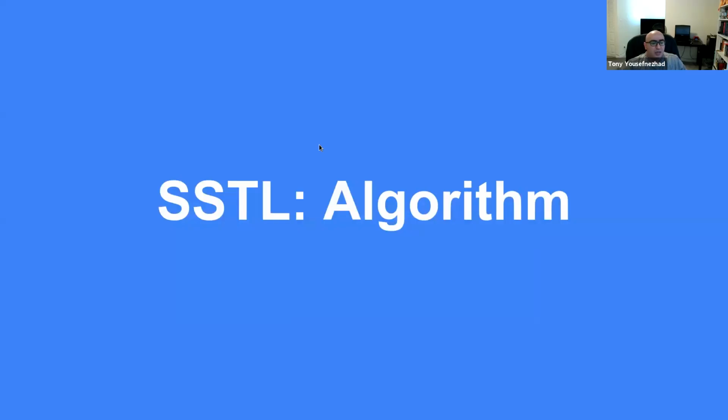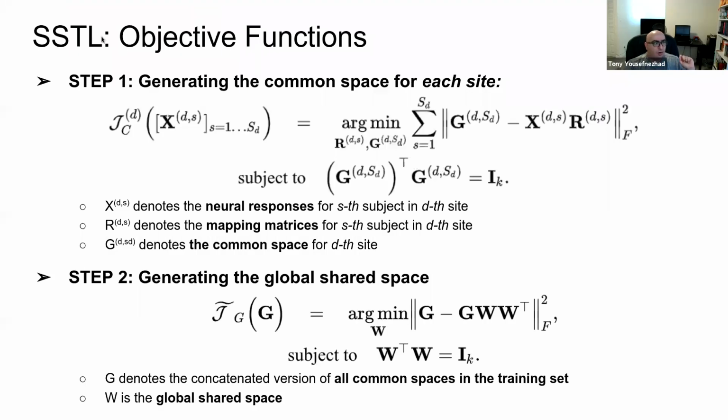All right, so I want to show you the different steps and a little about the algorithm. I try to make this very short to be sure that it will not be boring. Again, we have just 2 steps for our STL.